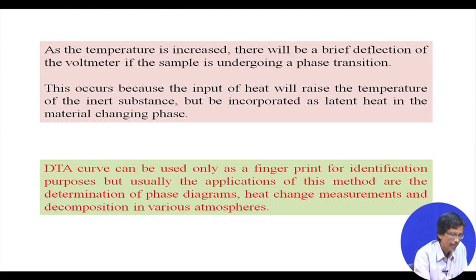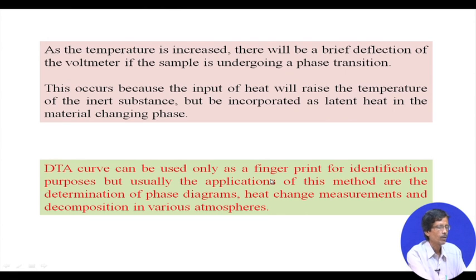So what we get is the typical DTA curve, and it can be used as a fingerprint for identification purposes. Like our IR spectroscopic analysis, where we have seen that different stretching frequencies can give rise to a fingerprint type of analysis. You have to match the thing.